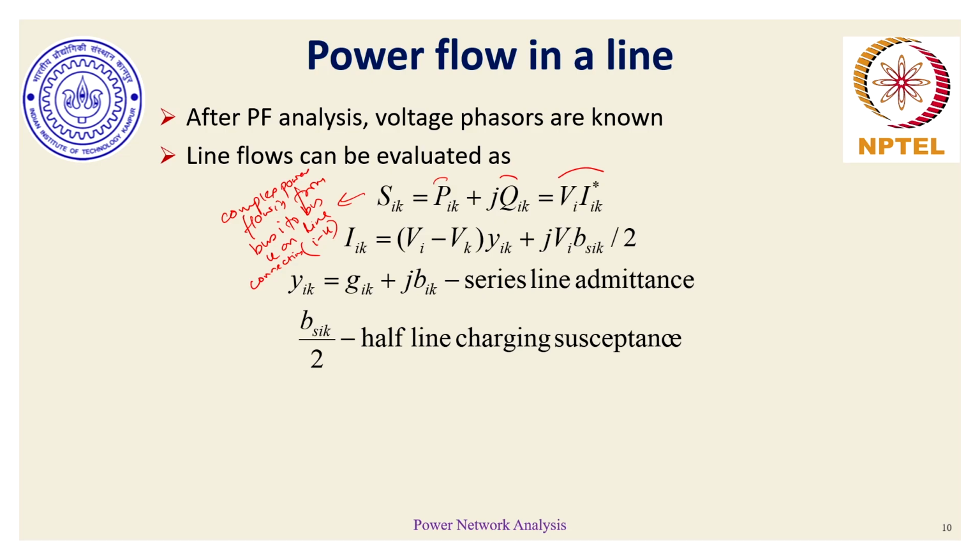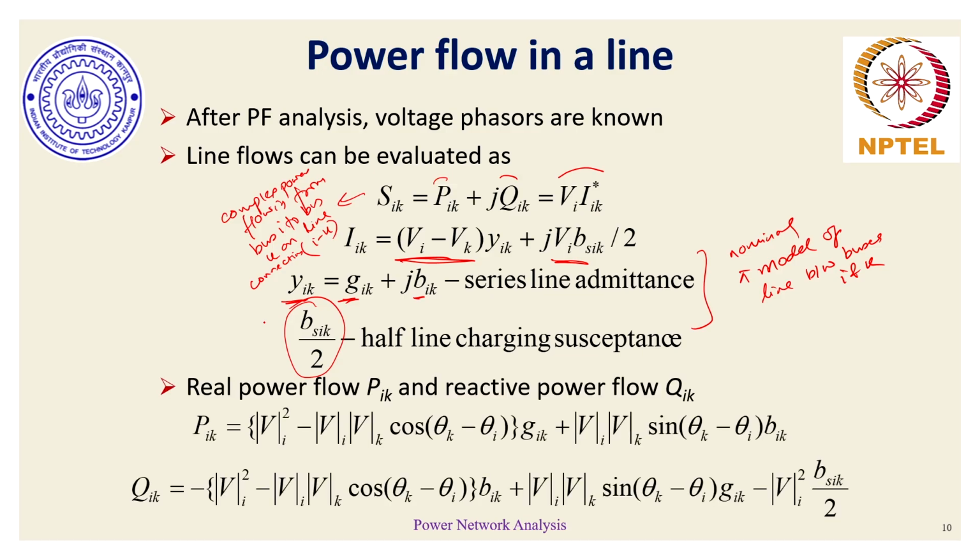And that current is again a function of voltage difference plus the component of half-line charging susceptance, which is coming in because of the nominal pi model of the line between buses I and K. YIK is the series line admittance, which again has a real part and imaginary part, and BSIK by 2 is the half-line charging susceptance.